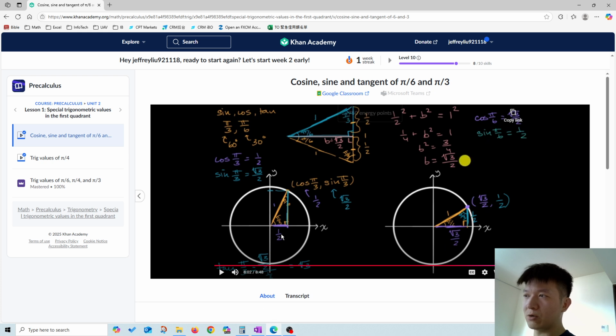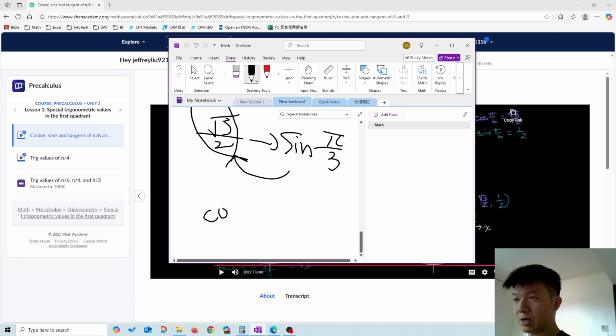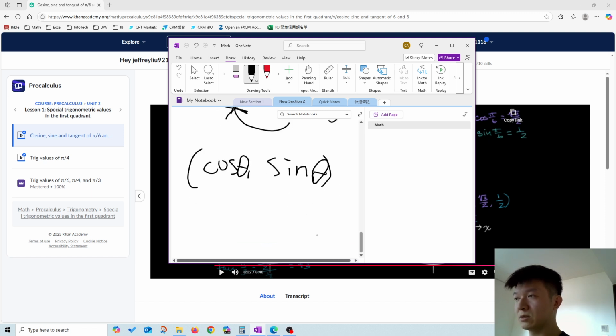So y is always sine, and cosine is always the x, because you can slide this adjacent over here, and this is represented by x, and this is our y, which is our sine value right over here. So cosine is our x and sine is our y, of any angle. You're going to plug in your angle of choice, sine theta.